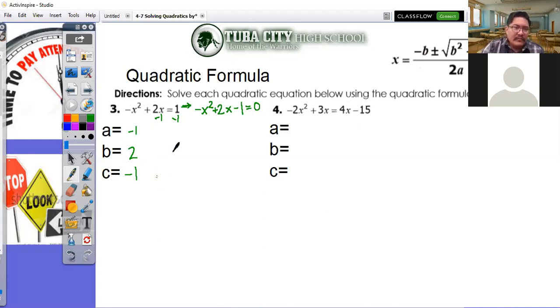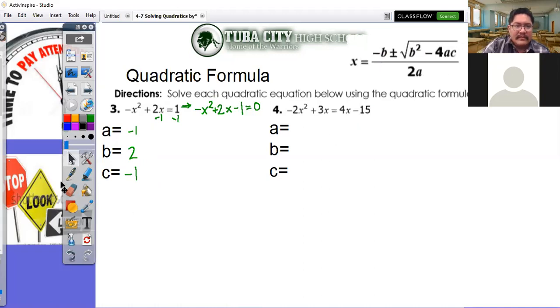All right, so I think we're ready to start plugging things in. So grab our formula, and I know sometimes it'll be a little off the screen. And like I said, it's on the packet, but I put it up here so that way we can always look at it. All right, so negative b, so let's go ahead and put negative b.